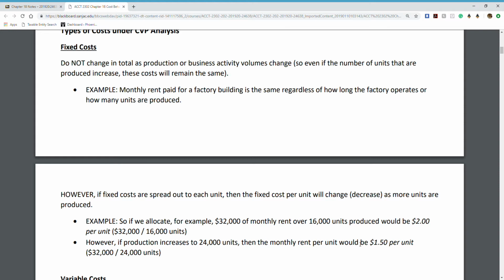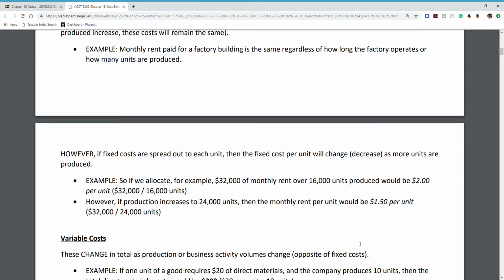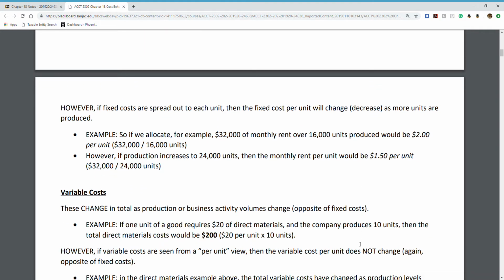In fact, it will most likely decrease as more units are produced. If you pause a little bit and check the example, it shows this going on. Because fixed cost is absolute, the rent of a building is going to be the rent of the building no matter how many units are produced. If we just look at units, of course, the more units you produce, the less fixed cost needs to be put in per unit.